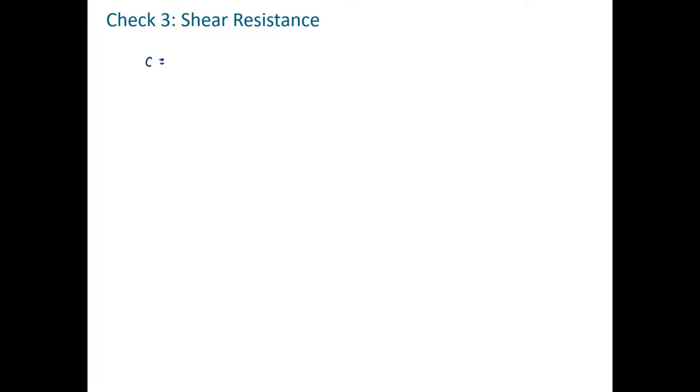So we'll do c first. The spacing to the first stiffener, that's 1400, so that's a, into, what do we say, 0.25 plus 1.6 times the width of the flange, which is 500, times the thickness of the flange squared, which is 30 squared, times the yield strength of the flange, which is 275 newtons per millimeter squared, all divided by the thickness of the web, which is 12, times the height of the web, which is 1200 squared, all times 275 newtons per millimeter squared.